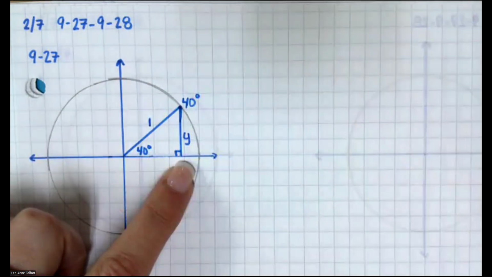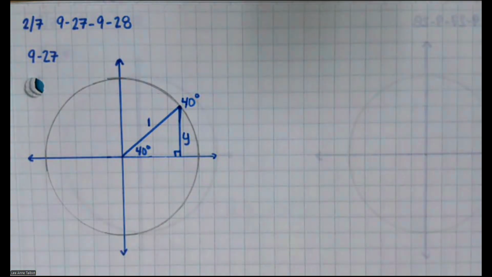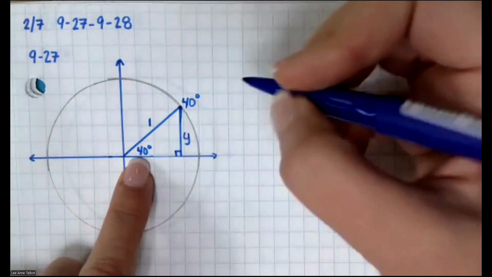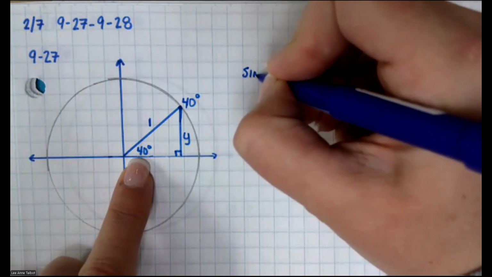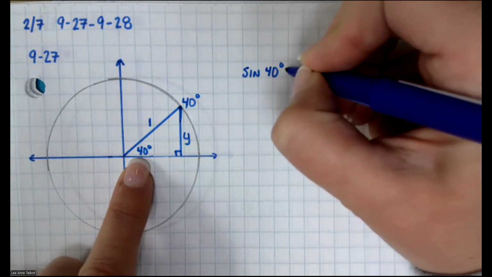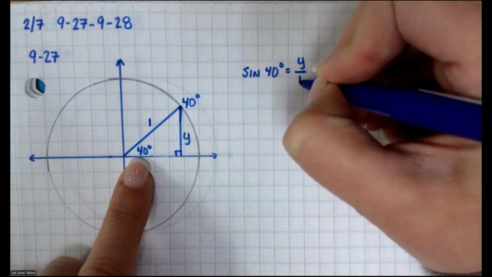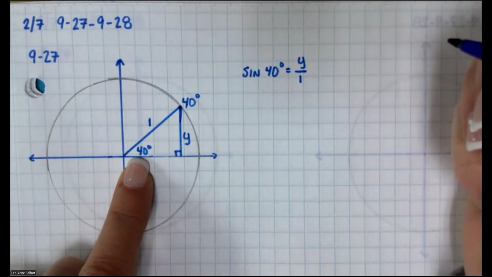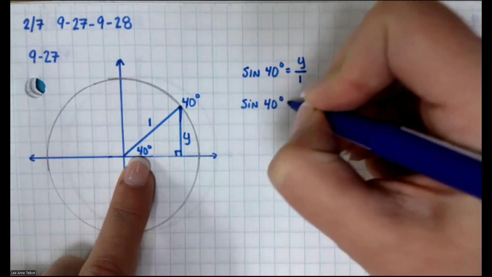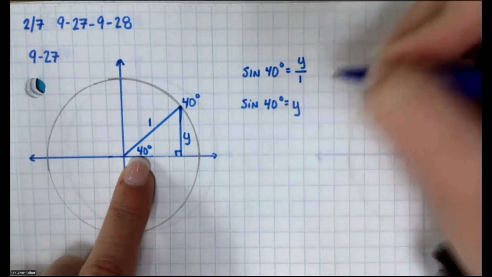And we know the radius was 100 feet. So we're going to put a 1 there, and then we'll move the decimal. So this is opposite over hypotenuse, sine of 40 equals opposite over hypotenuse. Y over 1 is just y.